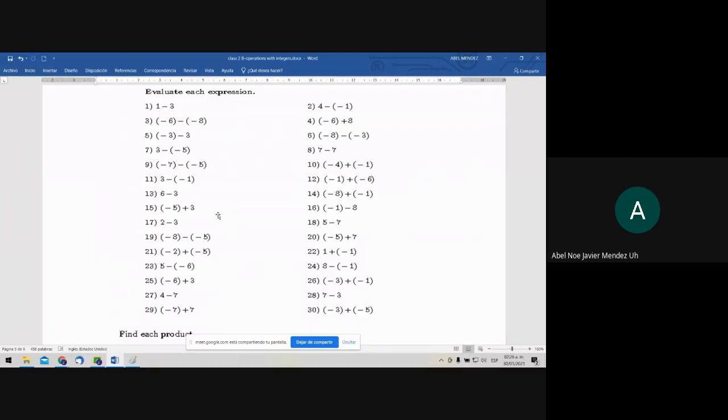Just the left column, okay? Just this, the left column.